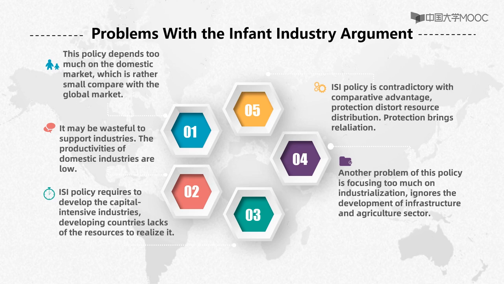There is no government intervention in comparative advantage unless protection is needed for the development of infant industry. The protection of domestic industries distorts the resource distribution. It may further create barriers for export growth, since protection brings retaliation.